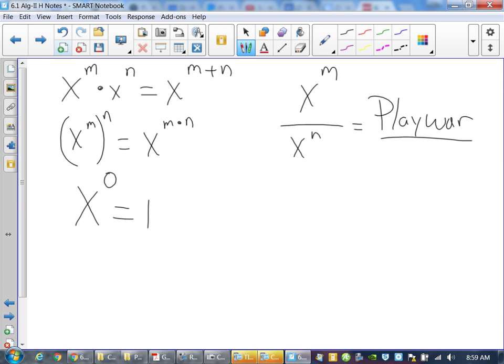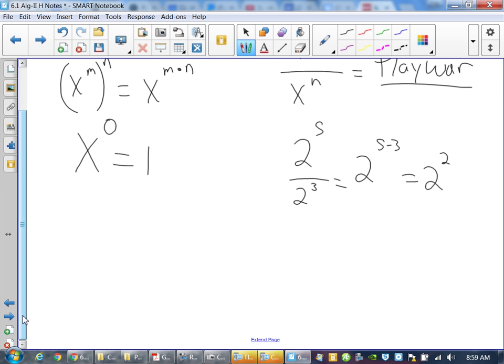If I have 2 to the 5th over 2 cubed, the 5 is bigger than the 3, so it becomes 2 to the 5 minus 3 in the numerator. I get 2 squared.